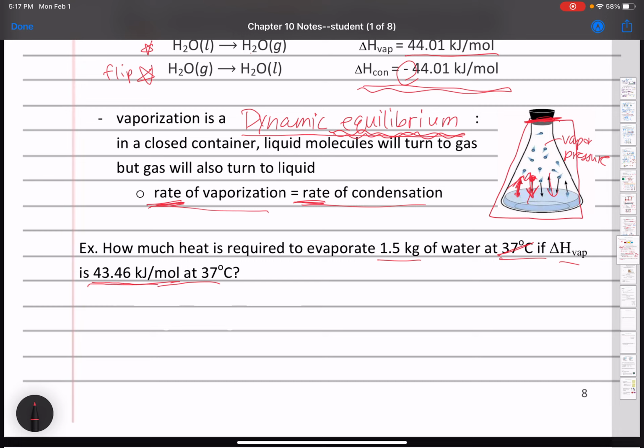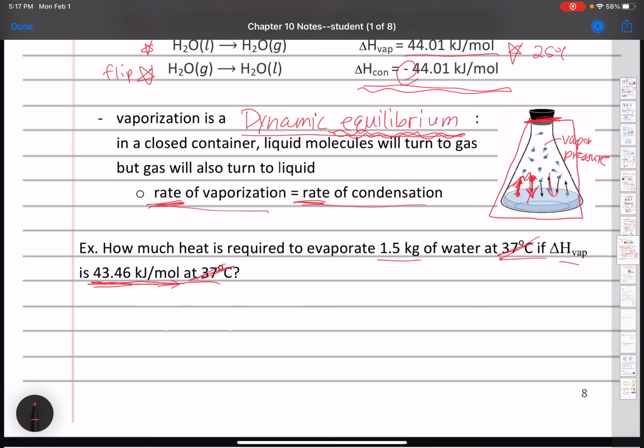The enthalpy is dependent on temperature. Notice that up here, the enthalpy of vaporization was 44.01, and in this problem it's 43.46, because the earlier value was at standard temperature, 25 degrees Celsius, and this is what it is at 37 degrees Celsius. So we don't really care about that temperature per se, as long as they match.